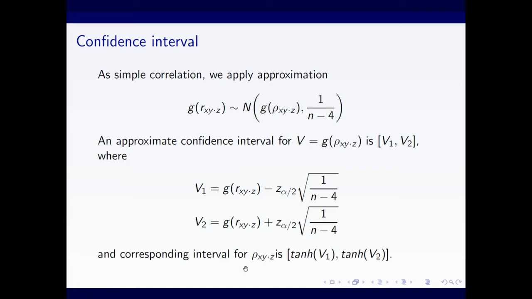And the interval for rho xy dot z is obtained by transforming this lower and upper bound back to the original scale, which is we apply the hyperbolic tangent function on each endpoint.